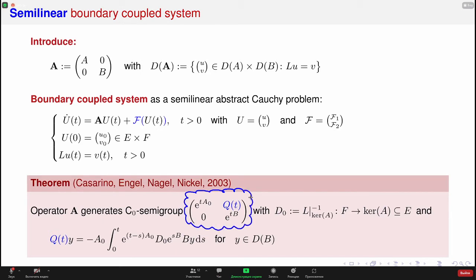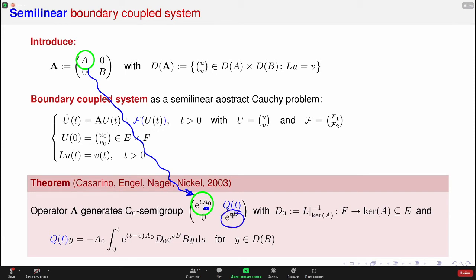I will talk about this, where this D naught is the inverse of the coupling operator on the kernel of A. So this can also be called the abstract Dirichlet operator. Then we have this semigroup. It is very important that in the left upper corner, we don't have the semigroup generated by A, but the semigroup generated by A naught.